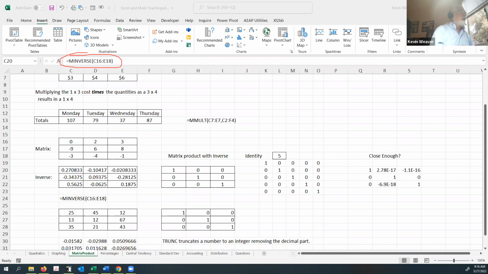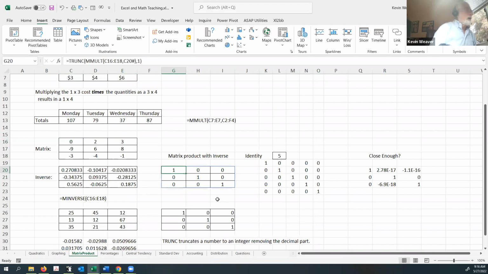But then the next move is to calculate what the matrix product would be of the original set of data and the inverse. So now what I want to do is take the matrix multiplication of the 3 by 3s.